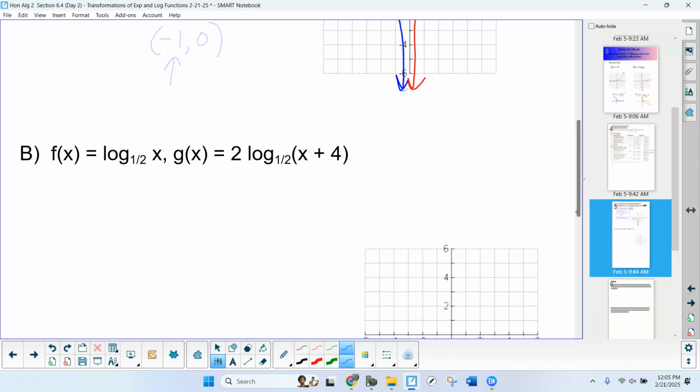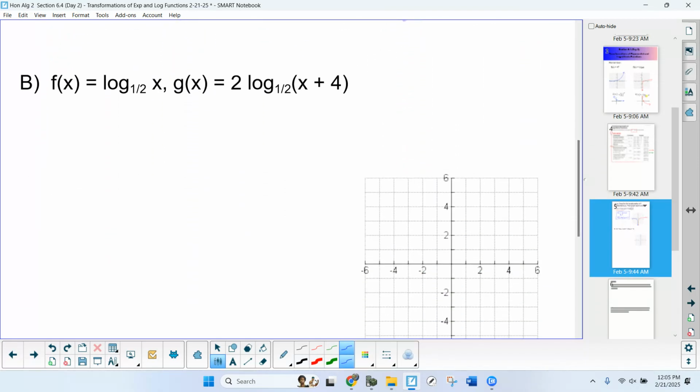All right, let's look at another one. Okay, let's think about what that graph looks like. Okay, remember, since my base is 1/2, it's the reflection about the line y equals x. Remember, it was like this. So which way is it going to go?